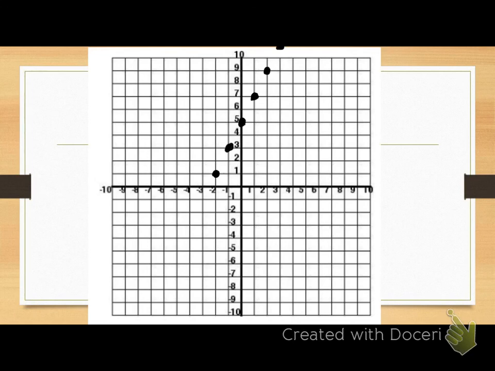It's much better. Do I have at least 5 points? Yeah. Do I need to connect these points? Yeah, I probably do. Very straight line. Thank you. Put your arrows on your line because that's going to go on forever and ever and ever. Okay? And there's my graph.